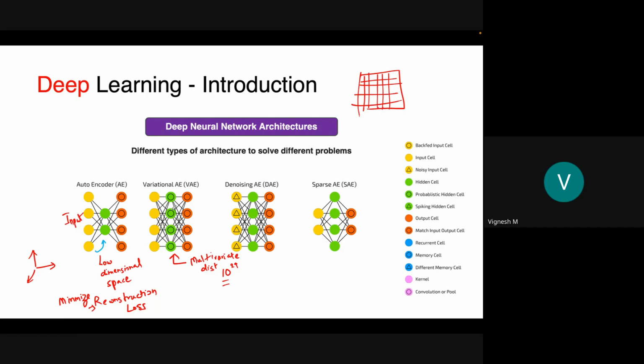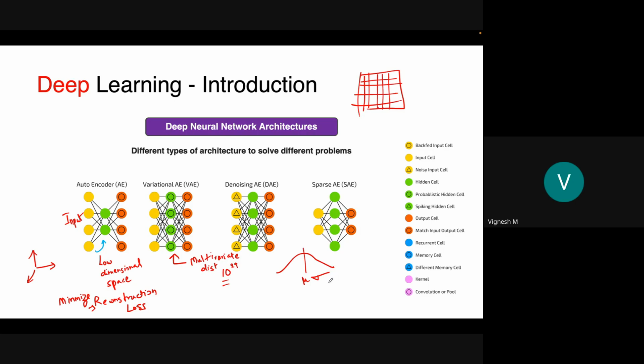Okay. So variational autoencoders are those where instead of projecting onto a space where you just encode, you project onto a space which is probabilistic. That is, you use a multivariate distribution. So instead of mapping onto a neuron with some activations, you map onto a distribution having a mean and a standard deviation and so on.